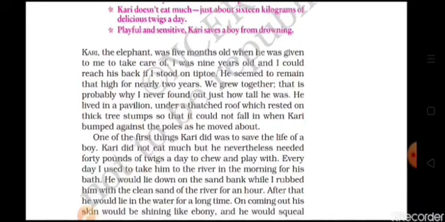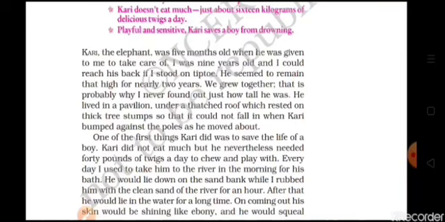Kari the elephant was 5 months old when he was given to me to take care of. I was 9 years old and I could reach his back if I stood on tiptoe. He seemed to remain that high for nearly 2 years. We grew together.